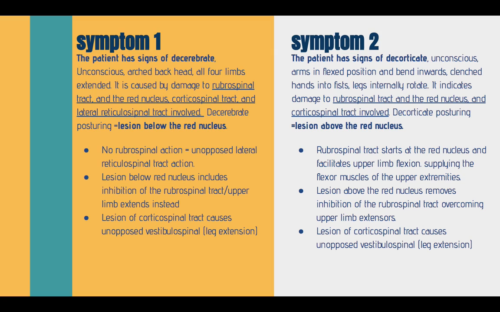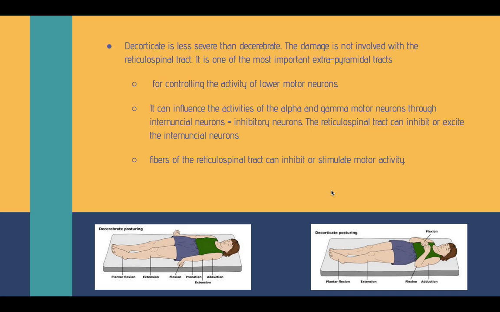And the lesion is above the red nucleus because the rubrospinal tract starts at the red nucleus, and in this case it will still work and it facilitates the upper limb flexion. So since the lesion is above the red nucleus, it will remove the inhibition of the rubrospinal tract and it will overcome the upper limb extensor, and the lesion of the corticospinal tract would cause the leg extension.